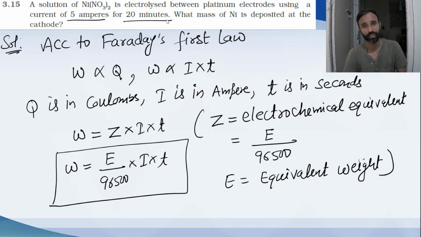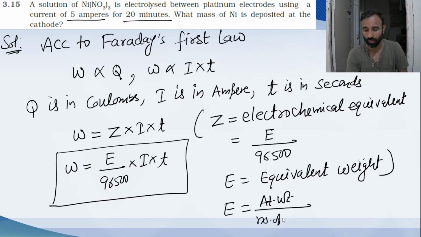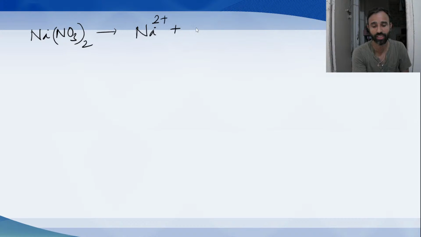Third is equivalent weight. Equivalent weight is equal to atomic weight divided by the number of electrons gained if it is at cathode, or lost if it is at anode. That is the way. Now we have to calculate the mass of nickel deposited. In nickel nitrate, nickel is in the form of nickel 2 plus.